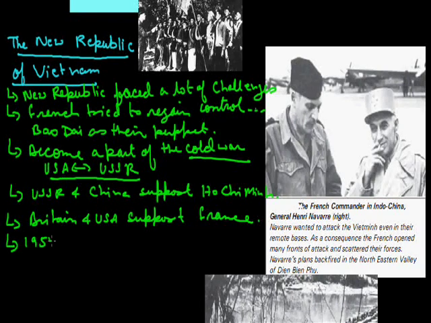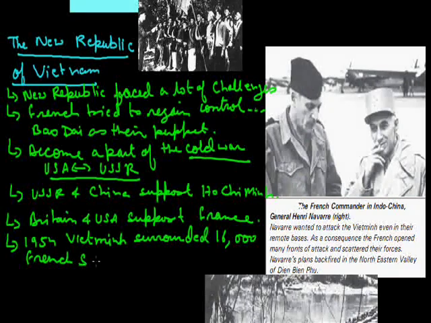Till 1954, the army of Vietnam surrounded 16,000 French troops and inflicted upon them a crushing defeat.